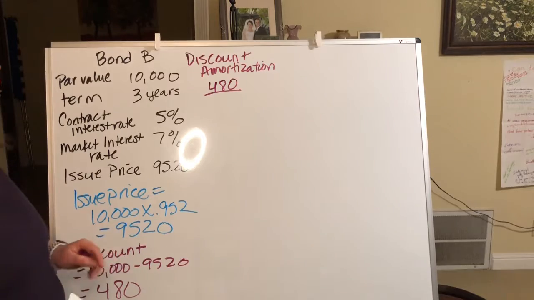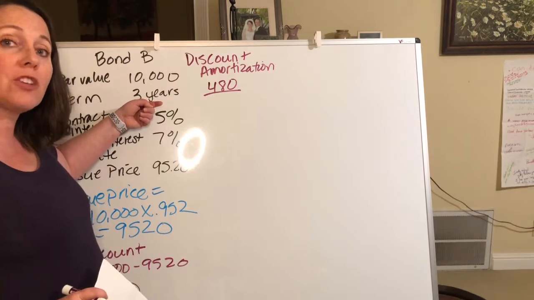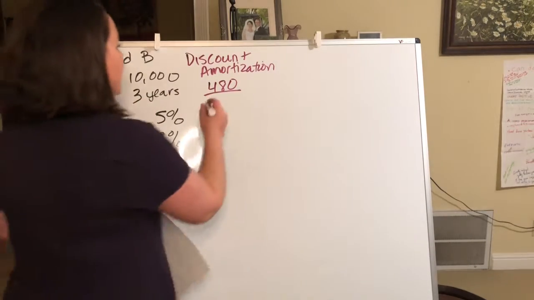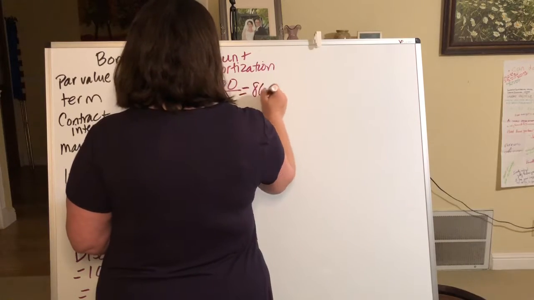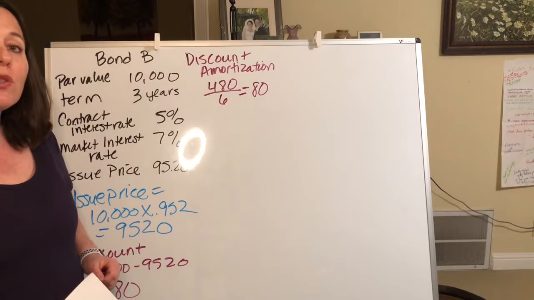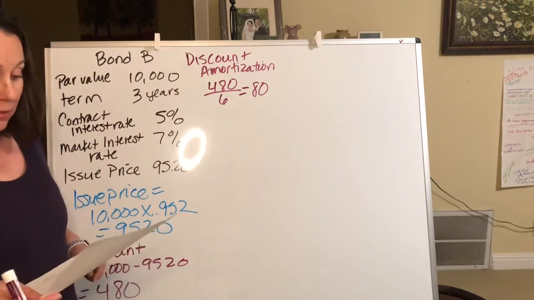Remember, our number of interest payments is our term times 2 because we're paying interest twice a year. 3 years times 2 is 6. So each time I make an interest payment, I'm going to amortize my discount by $80.